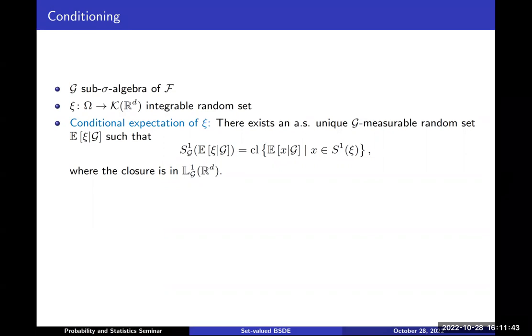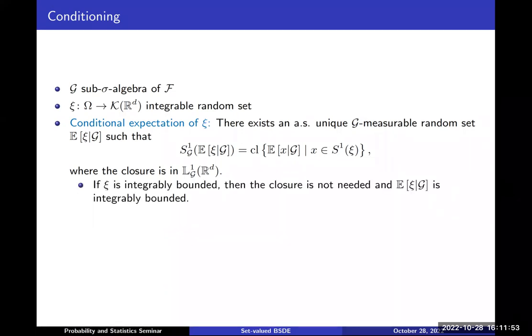You don't need to take the decomposable hull, because the collection of conditional expectations is already decomposable. If you start with an integrably bounded random set, this set is already closed, so you don't even need the closure. So that's the nice special case.